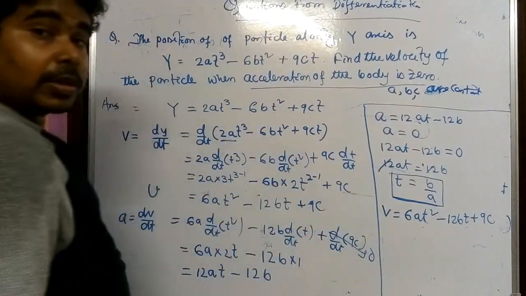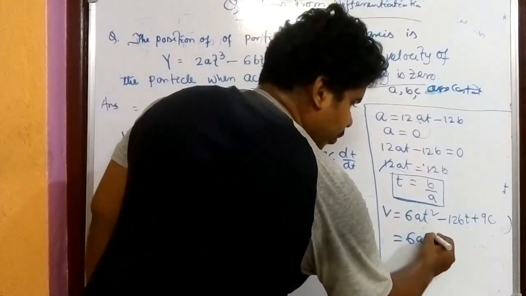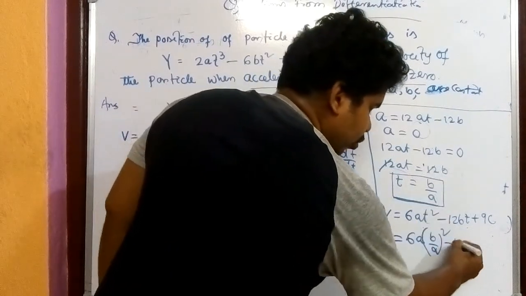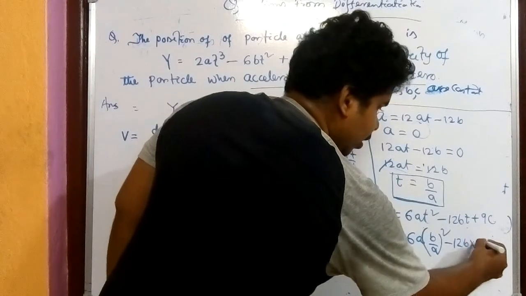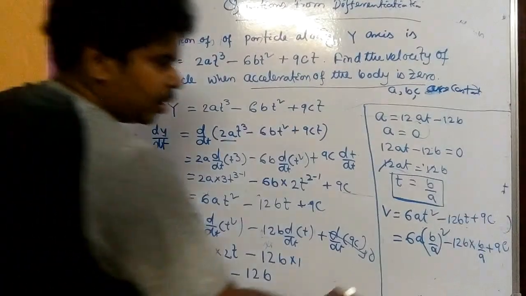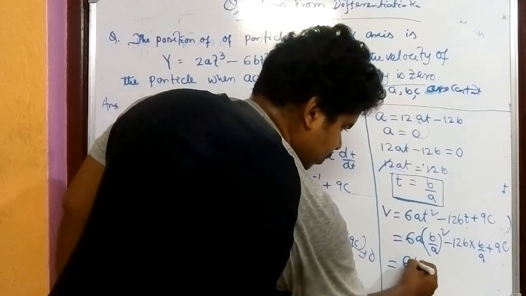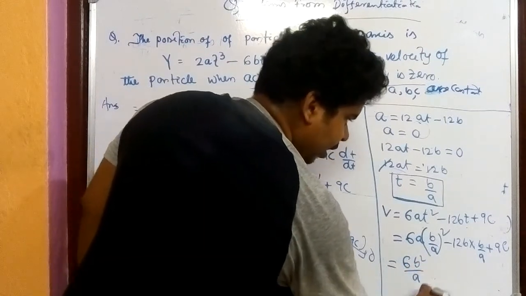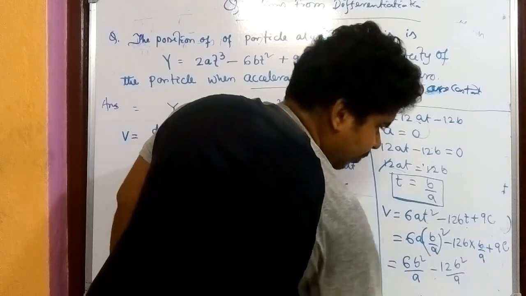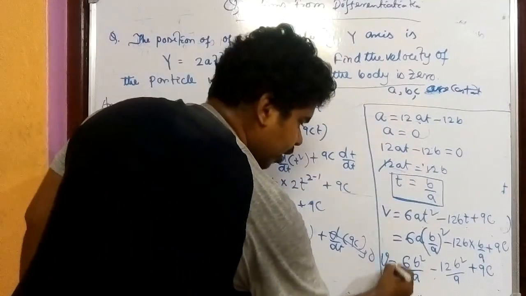So what will be the velocity at that time? Put the value. 6a t square means b by a whole square, minus 12b into b by a, plus 9c as usual. So here a square and a, it is 6b square by a minus 12b square by a, plus 9c. That is our velocity when acceleration is 0.